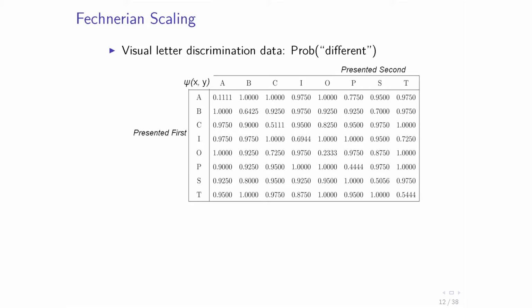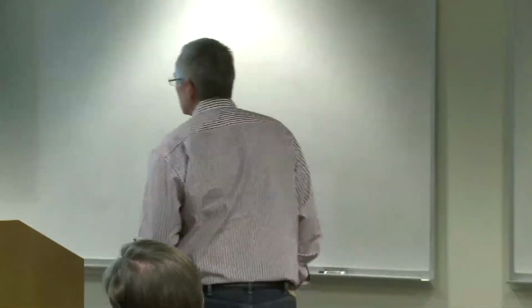But as you can see here, we have a matrix of these probability different judgments, and one stimulus was presented first, the other was presented second. Or they could have been presented also in the other way. I will come back to that point in a minute. This is actually only one subject, but we also had several subjects. But these are replications typically of 80, 90 per pair. So most of the time they spend quite a lot in our lab.